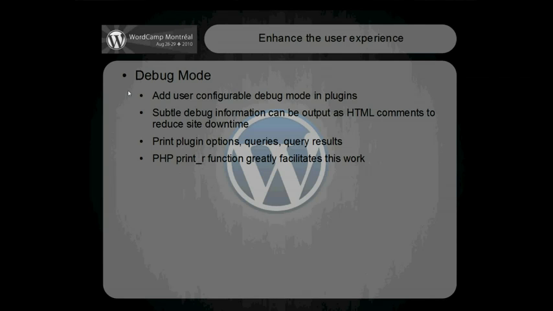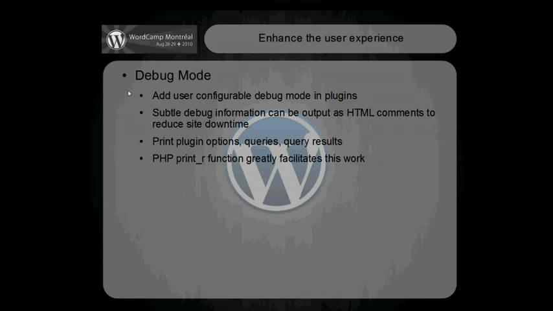Now, the kind of information that I spit out inside of these comments is things like plugin options. So just write out what all the options are, and in this way you can scan and figure out if they've configured something wrong. I also do things like put queries in there to see if there's a query that's getting a strange parameter or not being put together properly as expected.